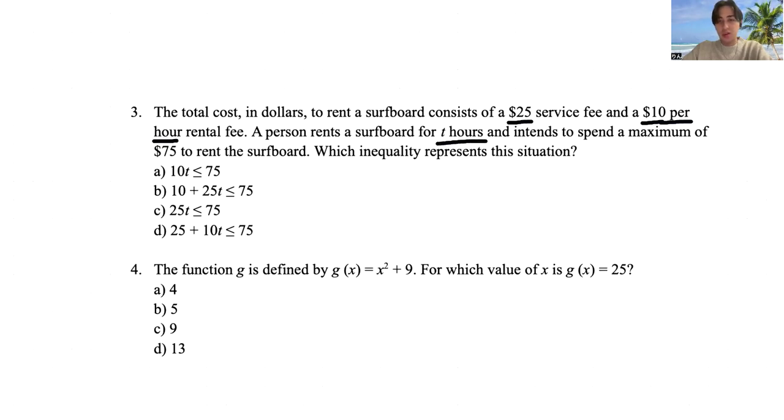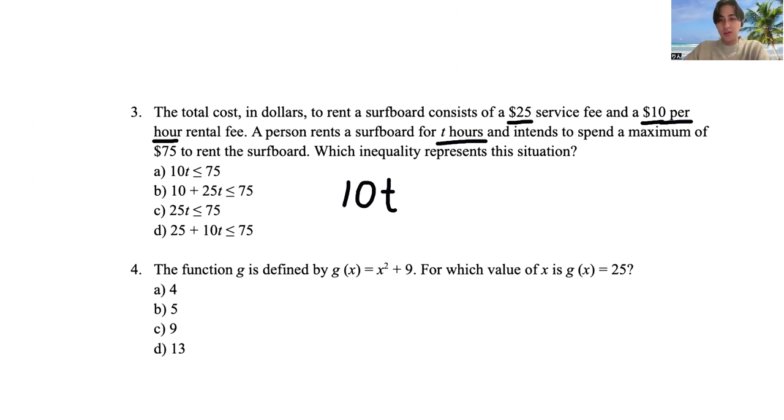So since you have to pay $10 for every hour you rent a surfboard, and T hours is the total number of hours that you rented a surfboard, T times 10 would give you the amount of money you owe for renting a certain number of hours.